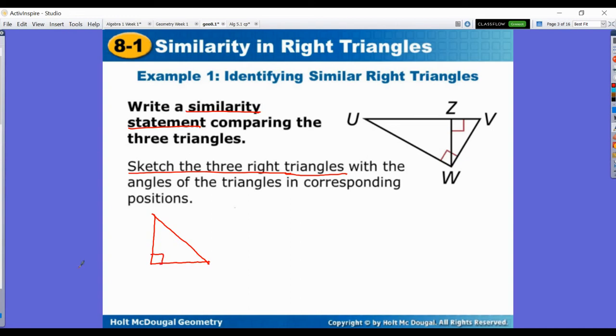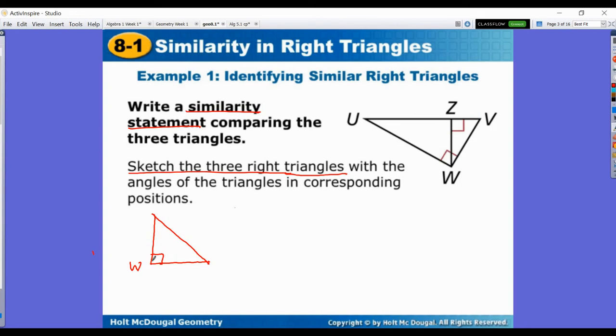Okay, and if we look at it, the best thing to do is start with where the right angle is located. So in this large triangle, our right angle is located here at W. So I'm going to go ahead and label W. Next we want to identify where is the V and where is the U. Where are our other two points going to be located?